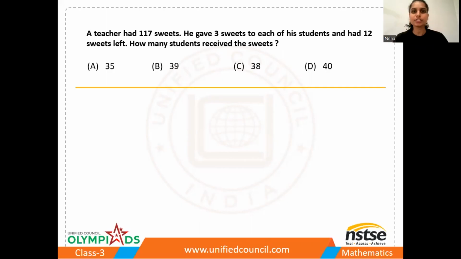In today's session, we are going to discuss some really important concepts of NSTSE. For this session, I have so many questions for you, and all the questions are very important for your exam. Just try to focus on each concept of each question, and take your pen and paper and try to solve all the questions with me.